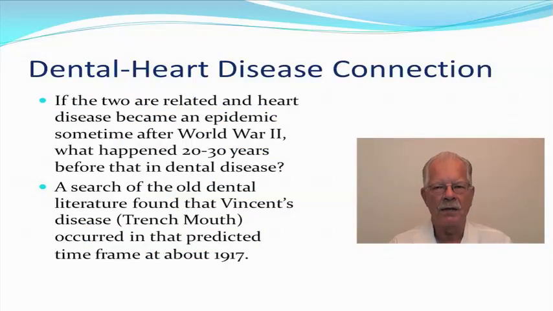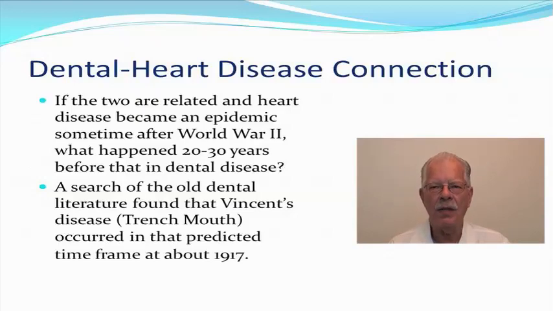So if people were dying in great numbers after World War II, then what happened? We know that heart disease and periodontal disease are related, so what happened in periodontal disease 20 or 30 years before World War II? Because chronic diseases take 20 or 30 years to develop.